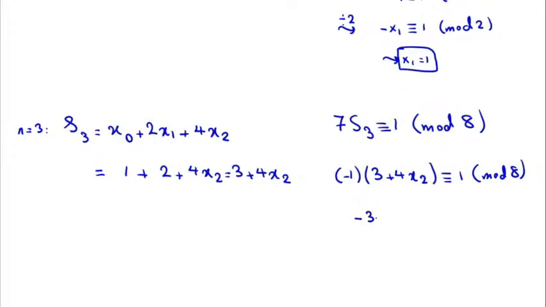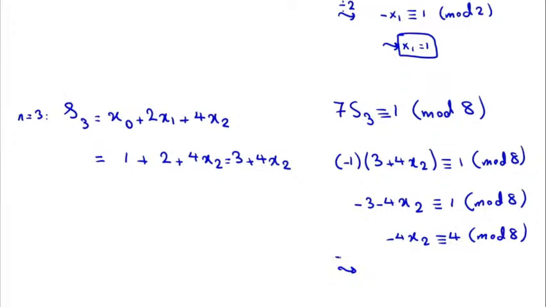So negative 3 minus 4x2 is congruent to 1 mod 8. Now we take negative 3 to the right hand side: negative 4x2 is congruent to 4 mod 8. Let's divide both sides by negative 4.